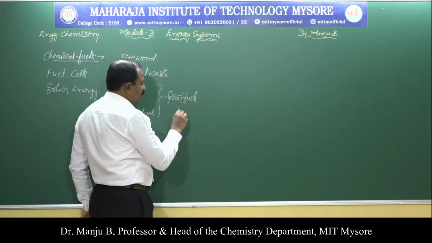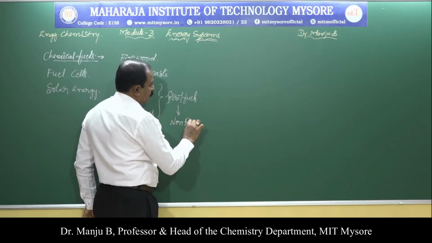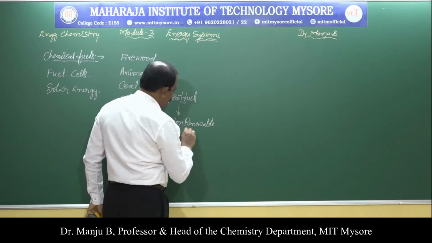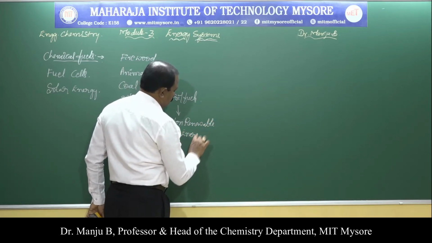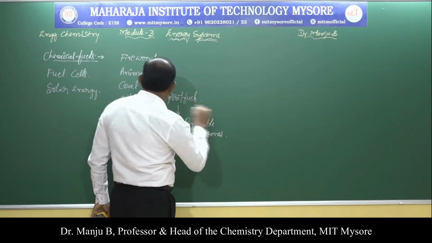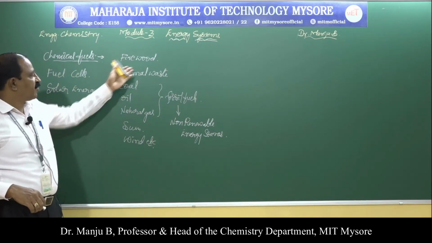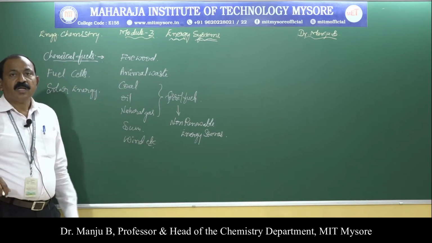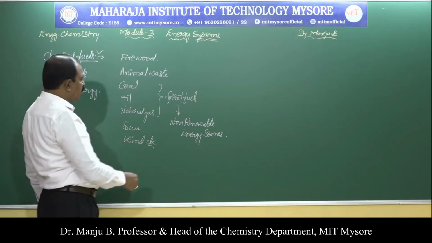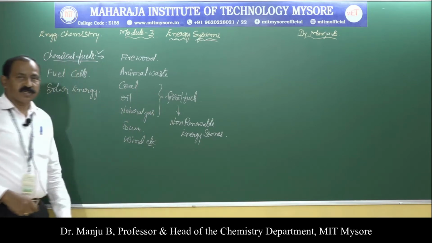All fossil fuels are non-renewable energy sources. Coal, oil and natural gas are non-renewable, while firewood and animal waste are renewable. In chemical fuels, you are going to study these fossil fuels in detail.